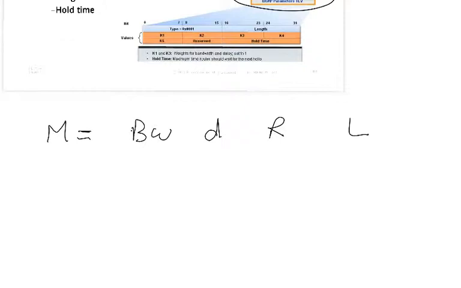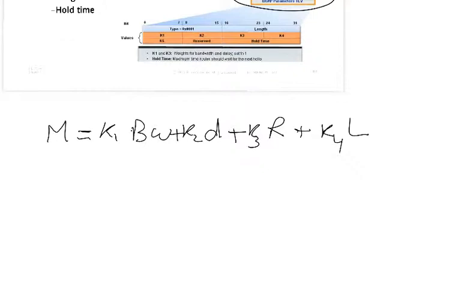In order to combine them, I have to use some equation, so they use weights K1, K2, K3, and K4, and they use summation to combine all the four parameters.